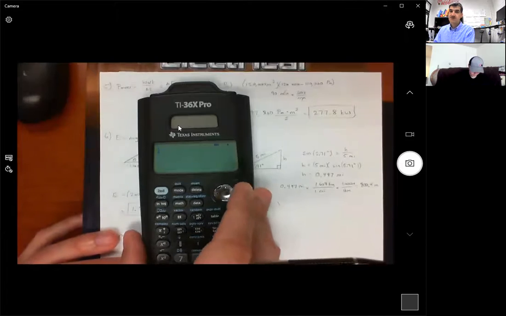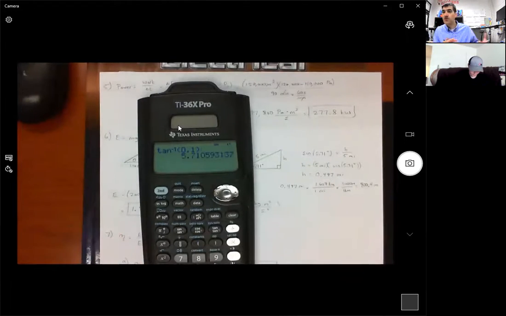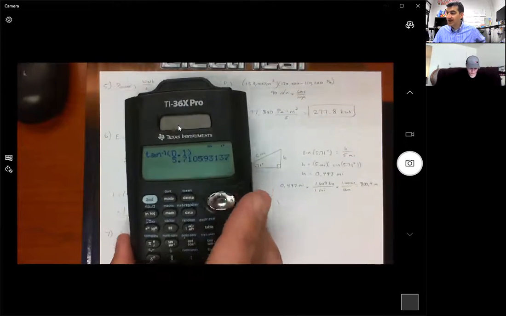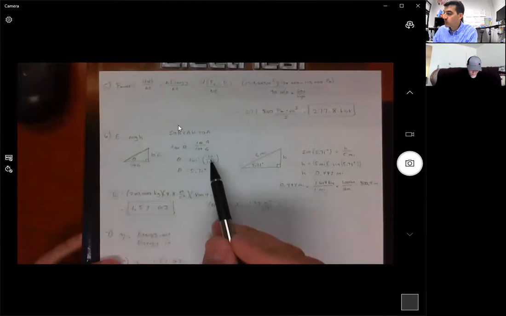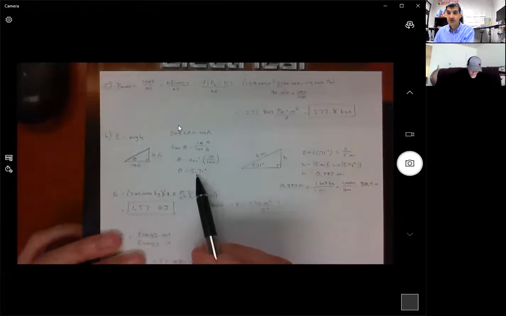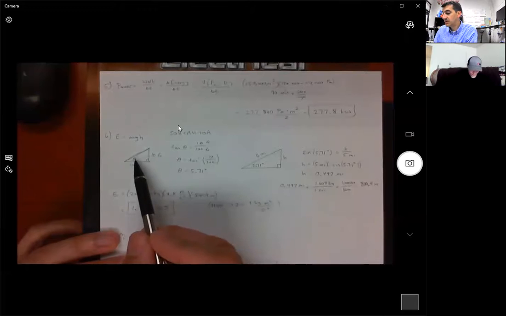So you're taking inverse tangent of 0.1 and finding that angle. In other words, what angle, when you take the tangent of it, gives you 0.1? And like we just saw on the calculator, it's 5.71 degrees. So that's how I found out what the angle is.